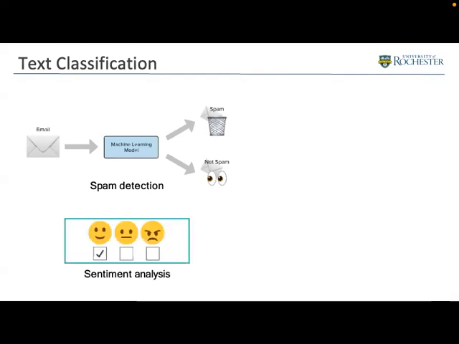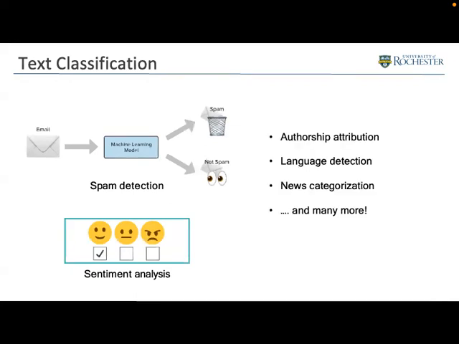We can also use it for sentiment analysis: we classify the current tweet data as positive, negative, or neutral. We can also have authorship attribution, language detection, news categorization, and all the others. As long as it is a classification problem, we can use naive Bayes.